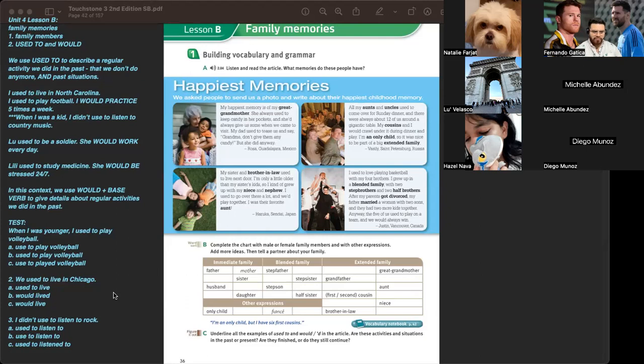Si no, de lo contrario, siempre es como futuro. Es que eso casi nunca pasa, Natalie. No, tú sabes por el contexto. Si estamos hablando de recuerdos, sería would. Si estamos hablando de planes, del futuro, seríamos would para el futuro.